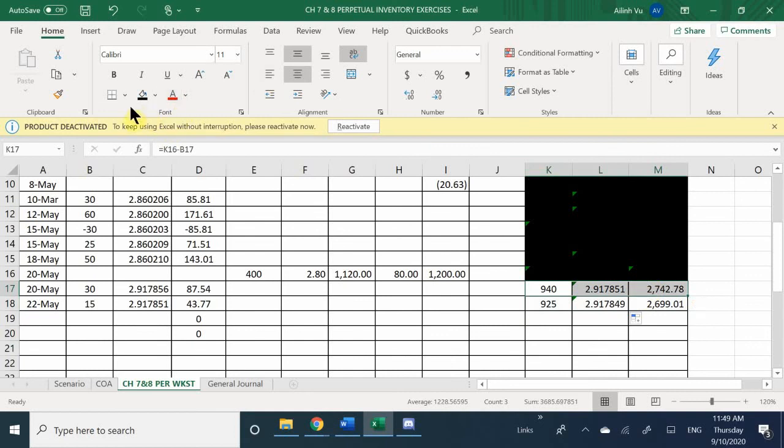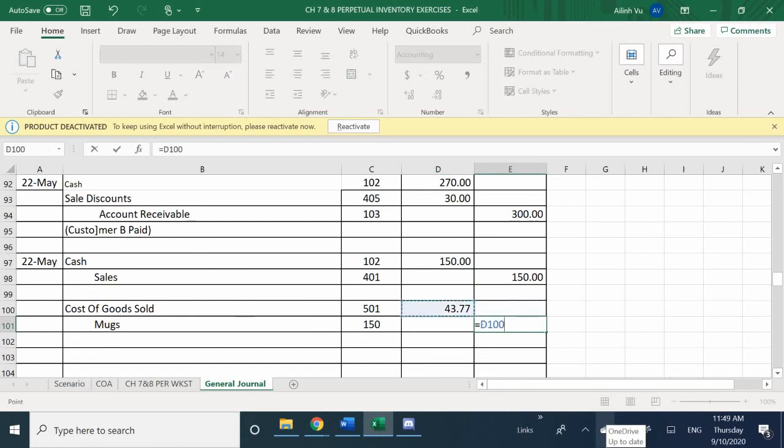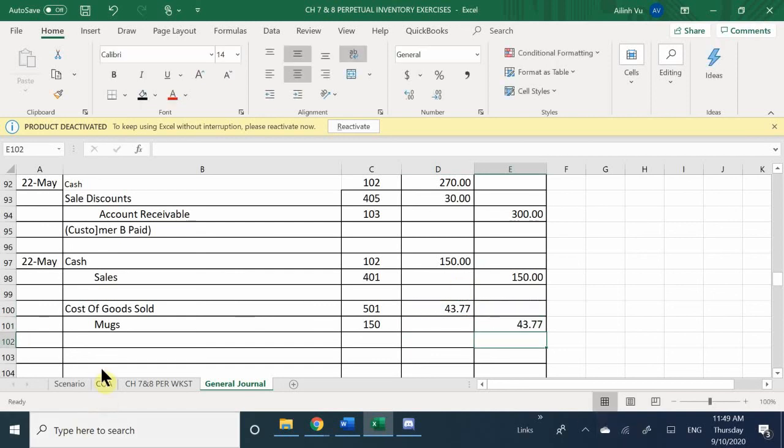All right, and I'm going to go ahead and wipe that out. So from here, we know that our total amount that we sold was for $43.77. So my cost of goods sold is $43.77. And I need to also copy here.